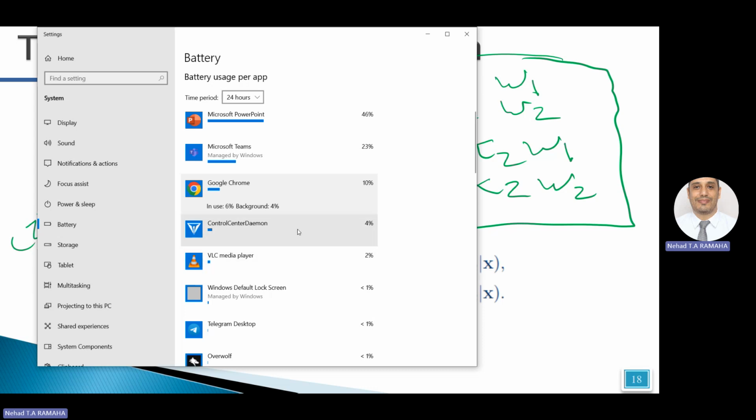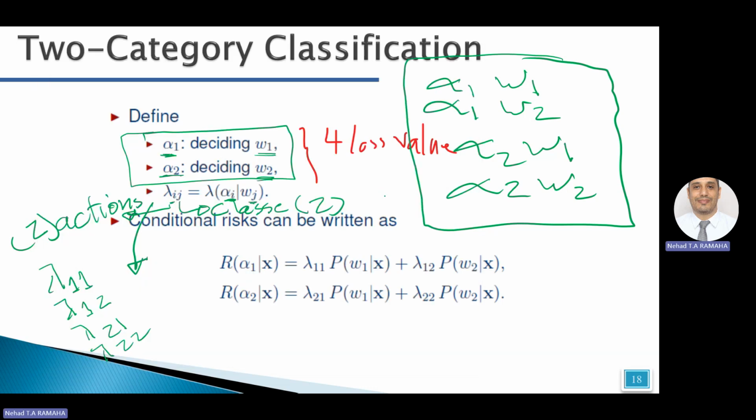Microsoft Teams, I cannot close it. Okay, let's continue. Hopefully it will last for a few minutes. It's a new battery, so I expect it will last a few minutes and it will warn us before closing, hopefully.